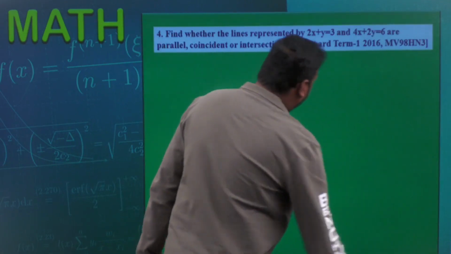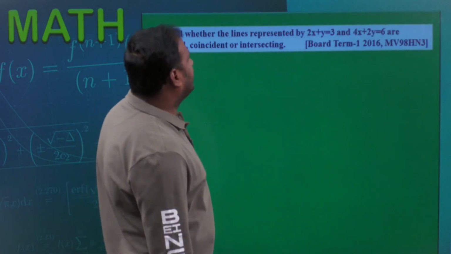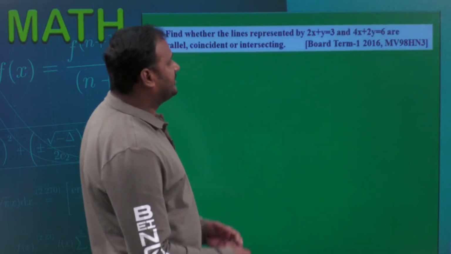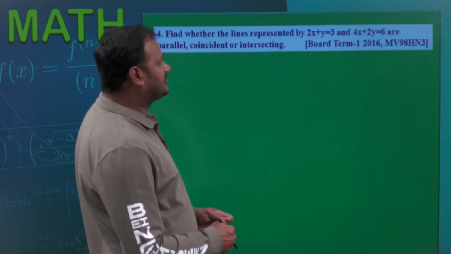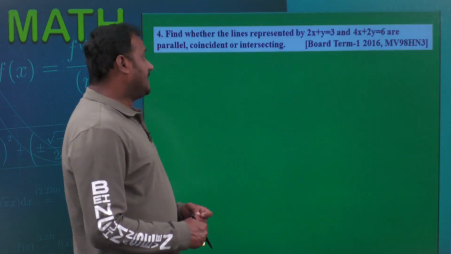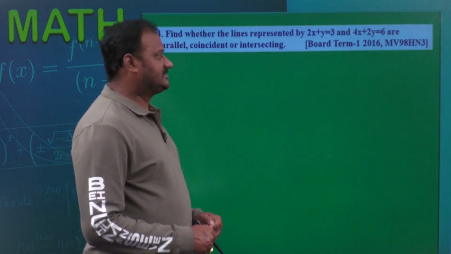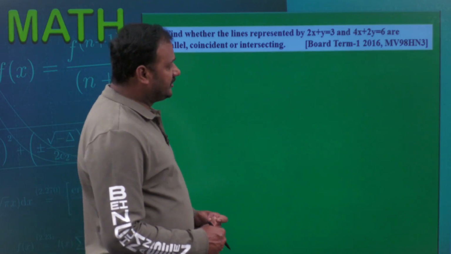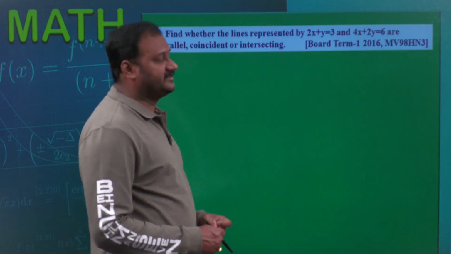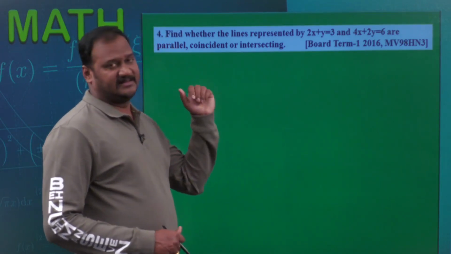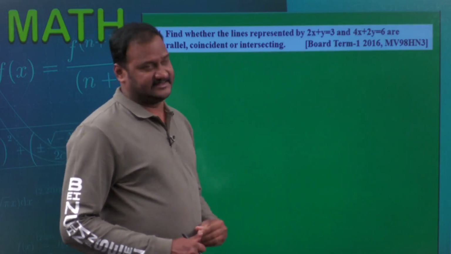Right. Moving on to the next problem. Find whether the lines represented by 2x plus y is equal to 3 and 4x plus 2y equal to 6 are parallel, coincident or intersecting lines. So once again, I just want to repeat when the two lines are said to be parallel, coincident and intersecting.